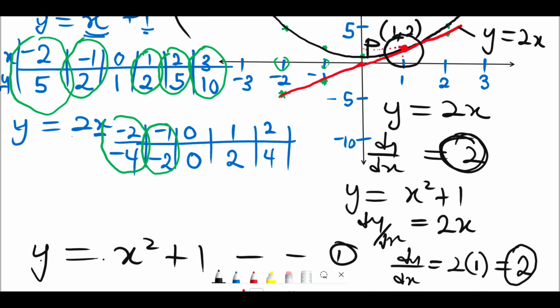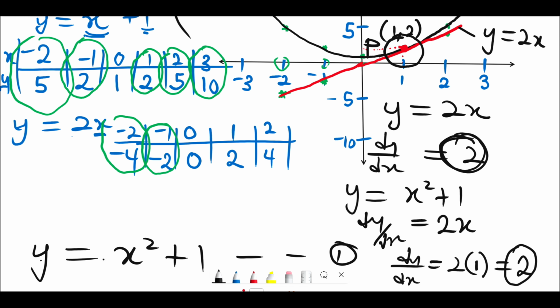So anytime you are answering any question on this and you have been given the point where a line touches a curve, and you have to find the gradient of the curve given the function of that particular curve.